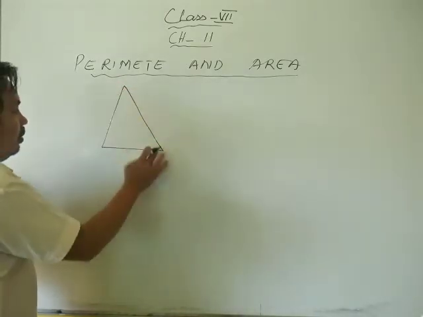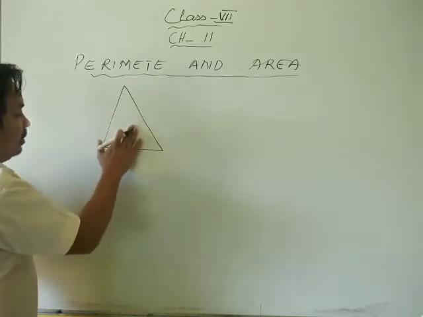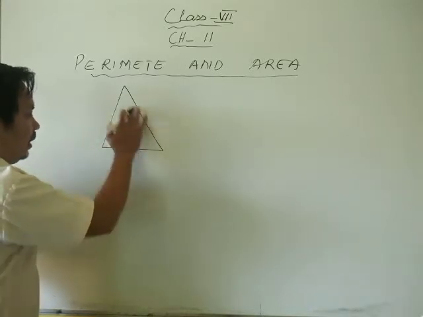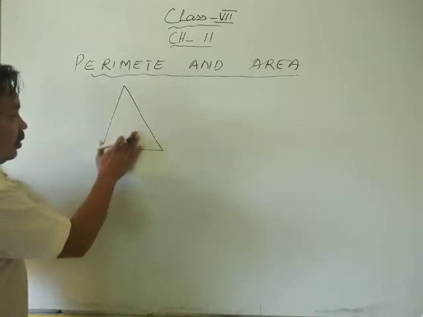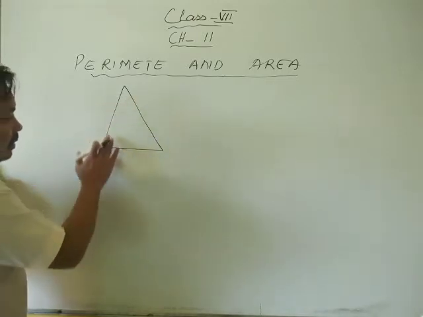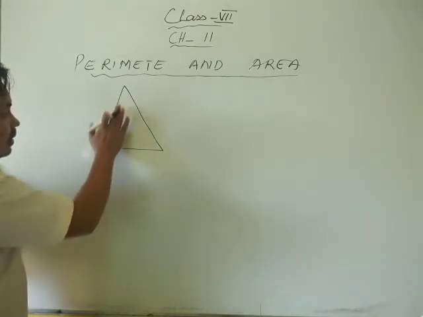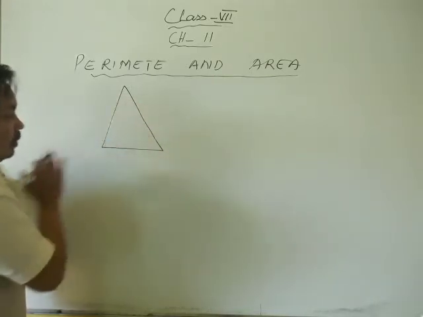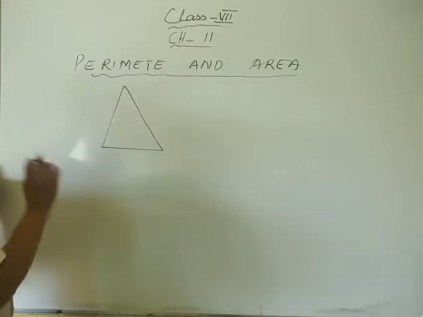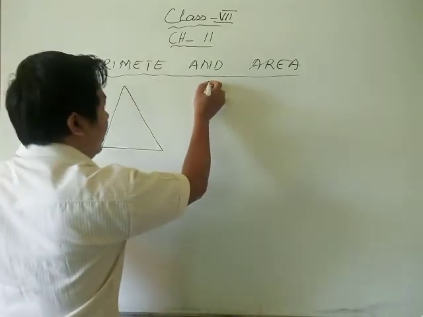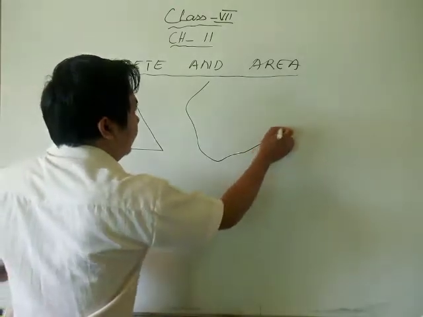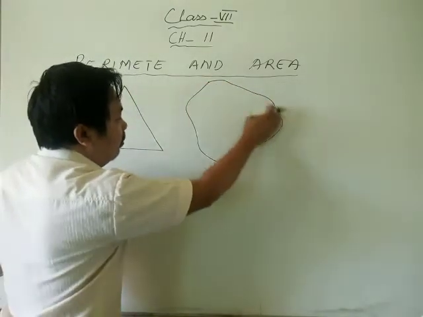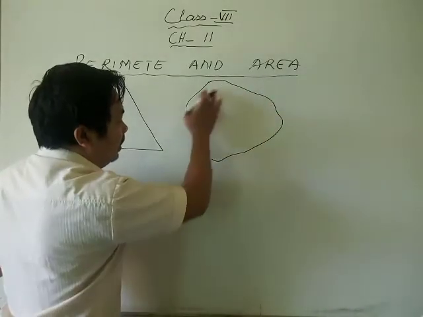So the boundary is called the perimeter, and you can see that some plane is enclosed by the lines. This plane is called its area. The certain surface, the certain portion enclosed by the lines, or by the perimeter or the boundary, is called its area. For example, some irregular shape is there, and you can see this line is the boundary or the edge of the shape.